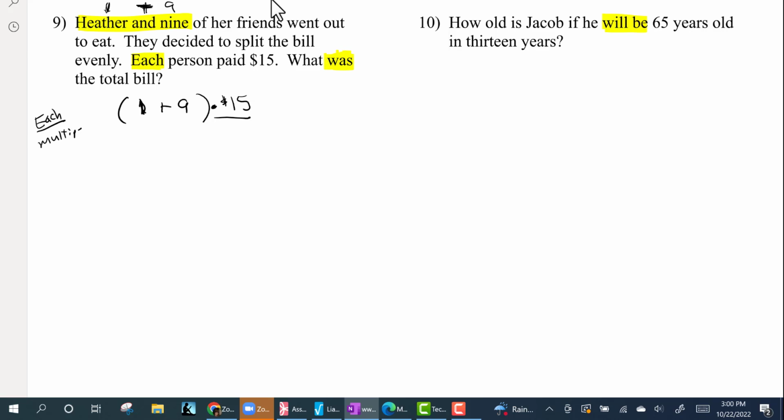So the words was, is, will be, all of those words mean the equal sign. And now we don't know what the total bill is, so I'm going to put T for total. You could put X. And so 1 plus 9 is 10. 10 times 15, $150.